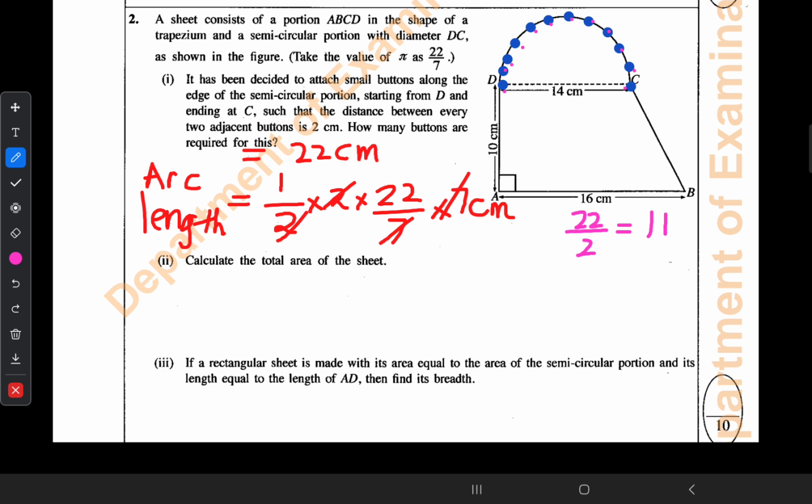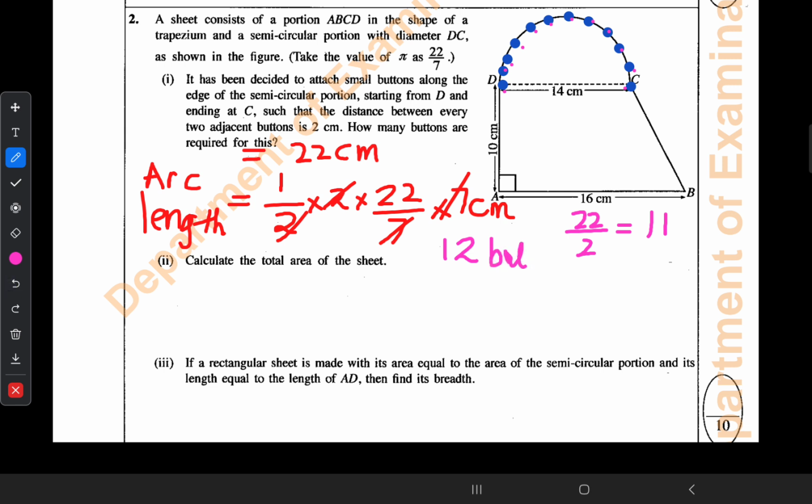Here they clearly mentioned starting from D and ending at C. So that means at 0 centimeters also you should place a button. That's how the count 12 came. 12 buttons is our count.